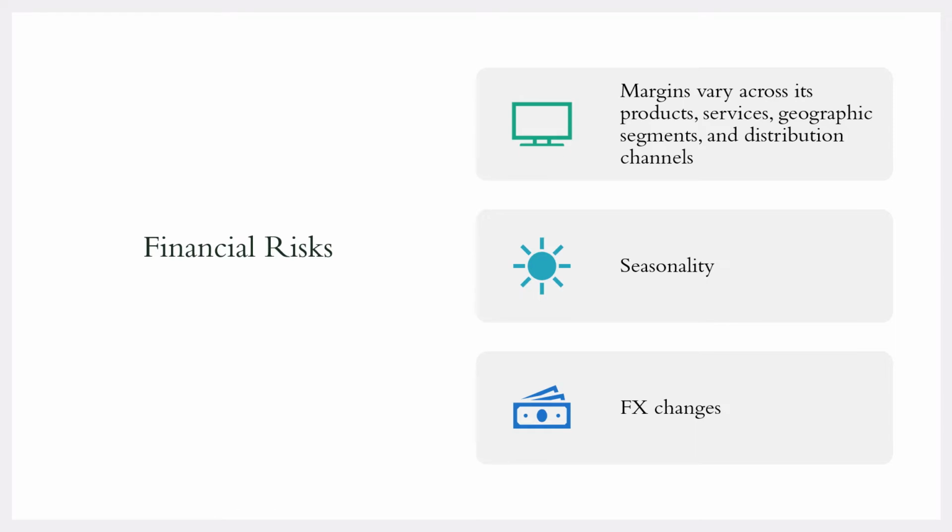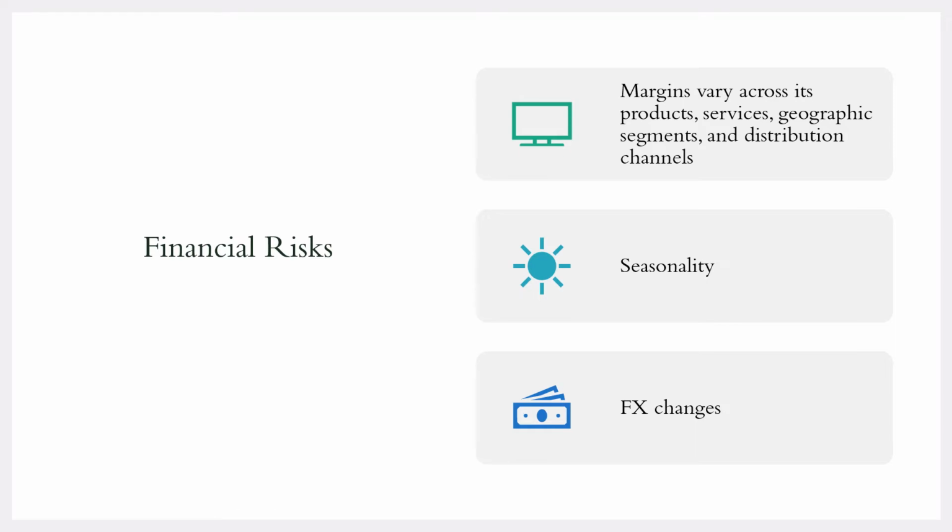For Apple specifically, there's higher net sales in its first quarter compared to all of its other quarters in its fiscal year, due in part to seasonal holiday demand. So during Christmas time, Apple notices a surge in revenue on all of its products because of the time of year.